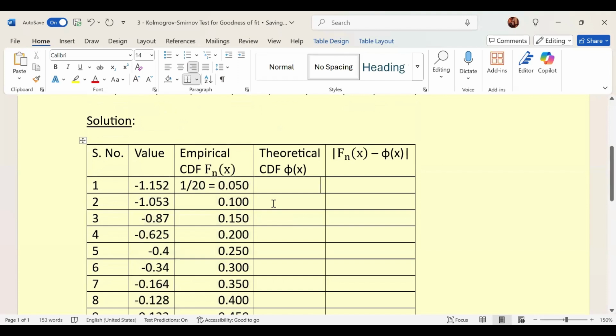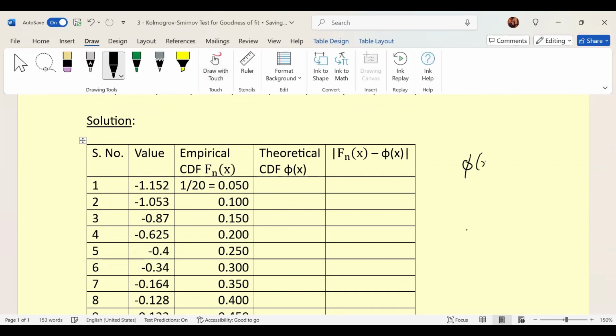Next is the theoretical CDF. For example, when we say the value is this, the theoretical CDF is nothing but the probability of negative infinity less than Z less than the given value.